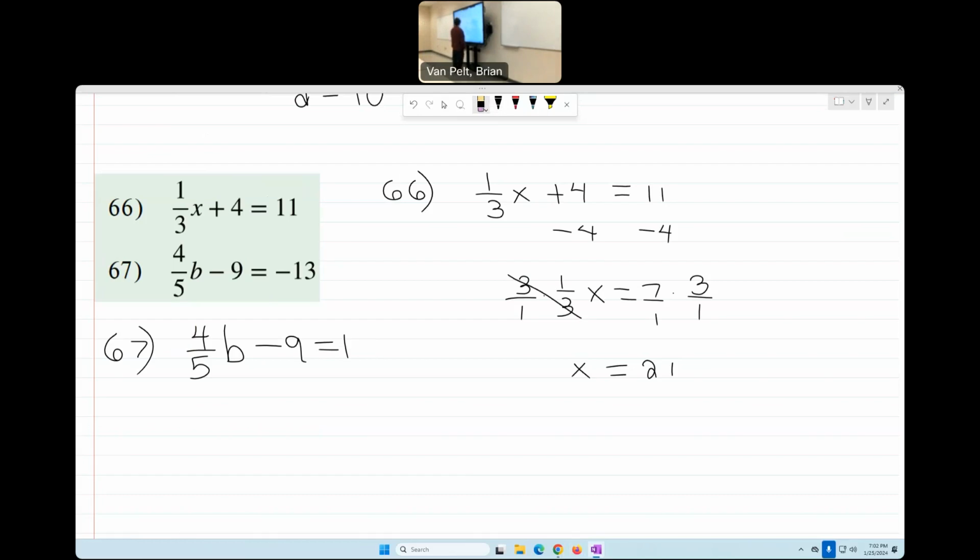Fix these equation here. All right, -13. So I'm gonna add 9 to both sides, plus 9, plus 9. -4 on the right. On the left, we have 4 fifths. What would you do now?